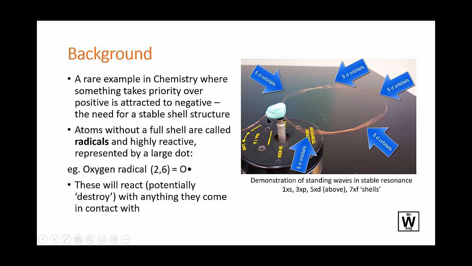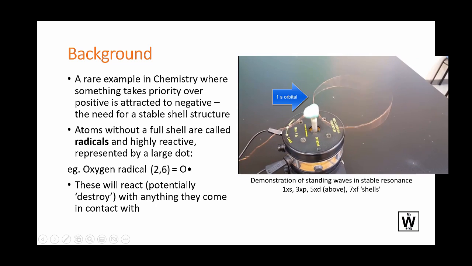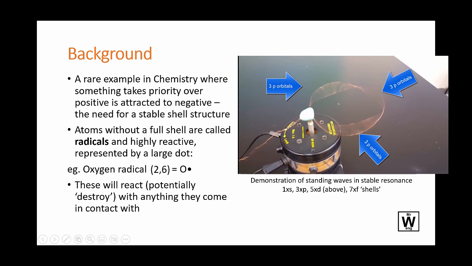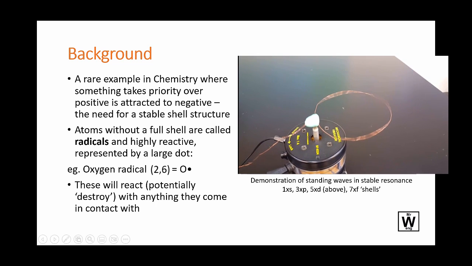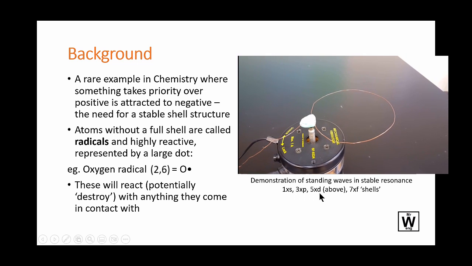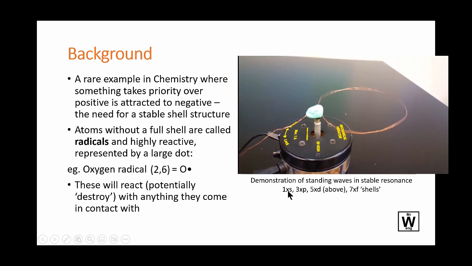Now, you can actually demonstrate some of this experimentally. The electrons are in actual waves, and so you can actually get standing waves and can get the 1, 3, 5, 7 numbers of suborbitals.